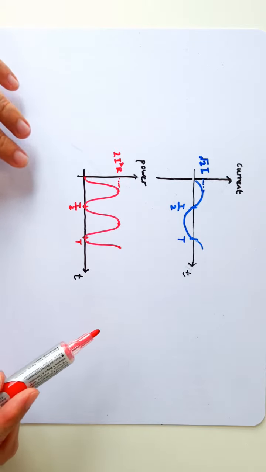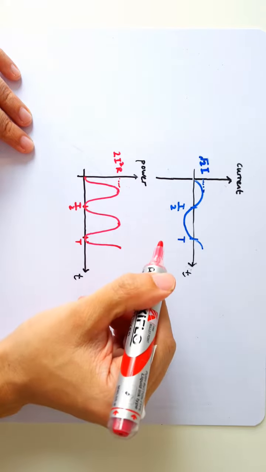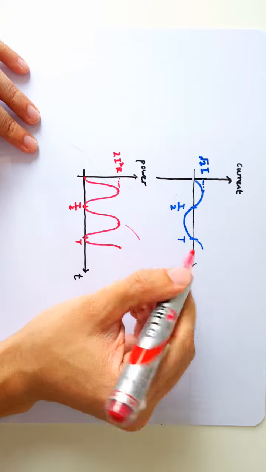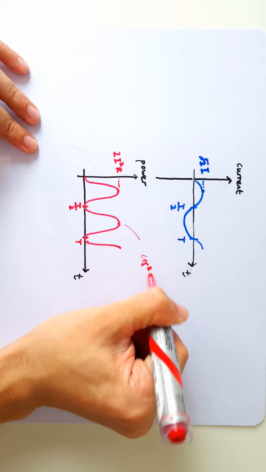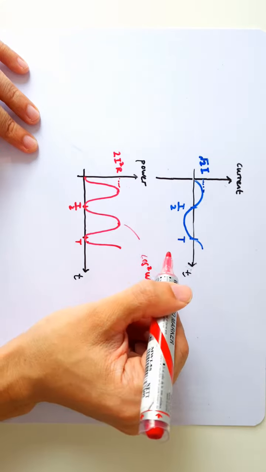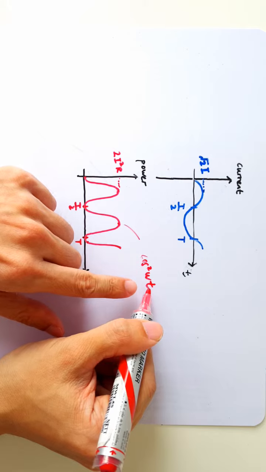Another thing to note is that the shape of this wave should correspond to a sine square graph, because it should follow the function cosine square omega t. In fact, it's just 2 I square R times cosine square omega t.